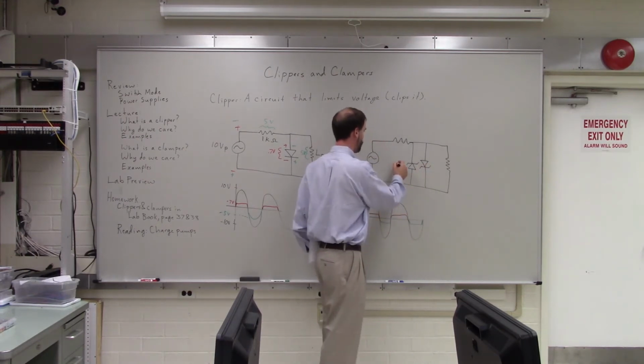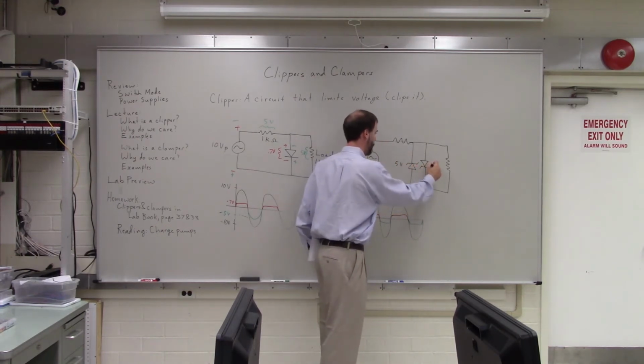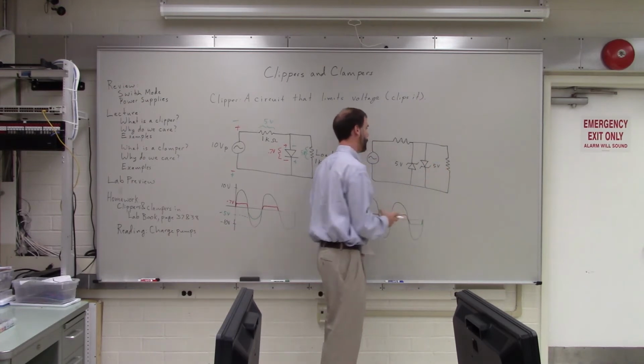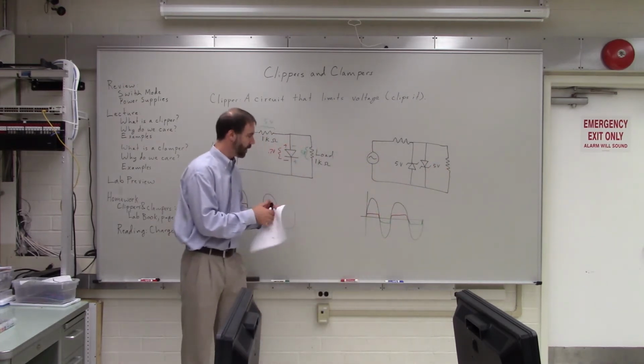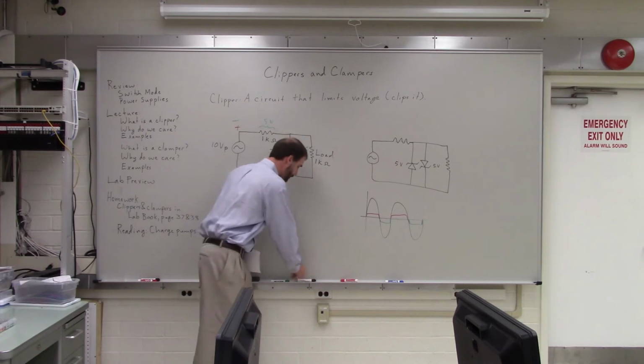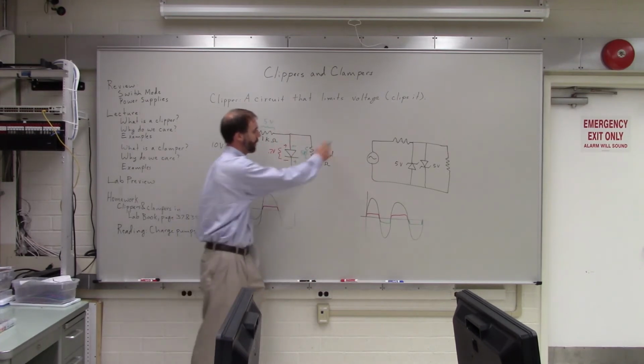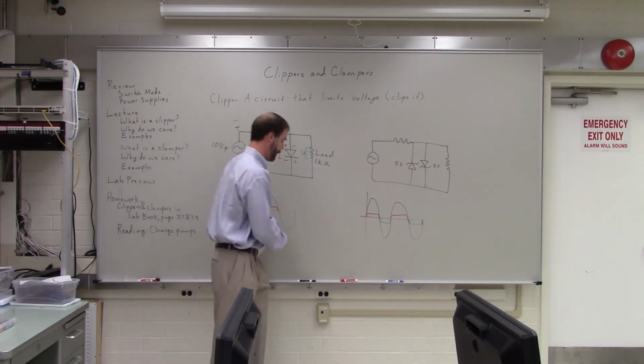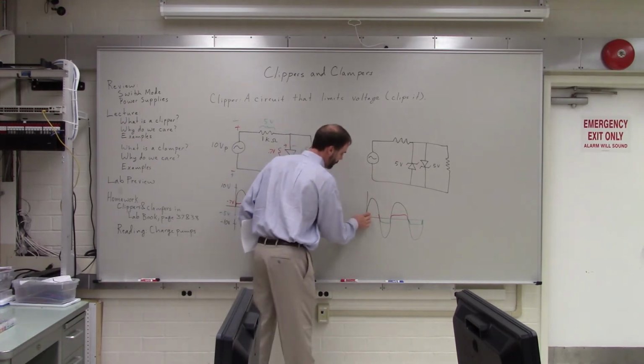So say these are 5-volt Zener diodes. And then you've got your incoming signal, which is still 10 volts peak.